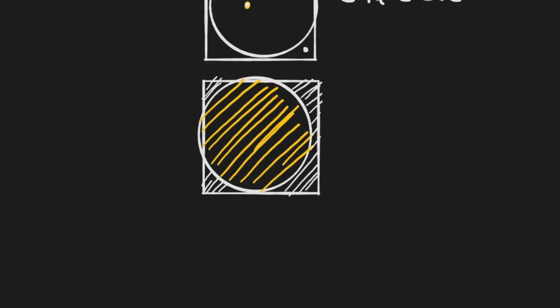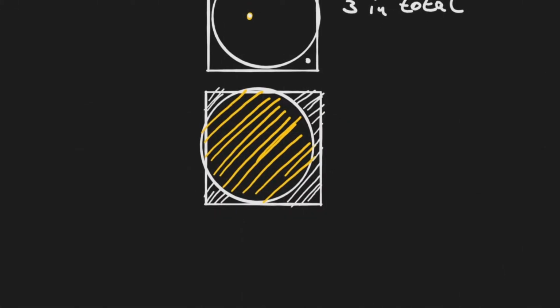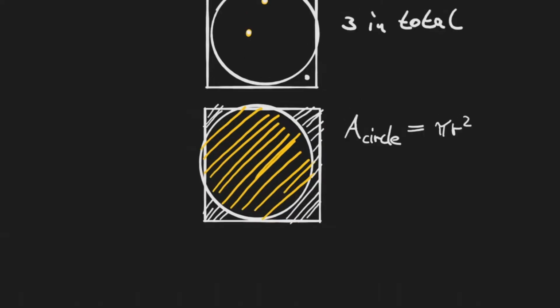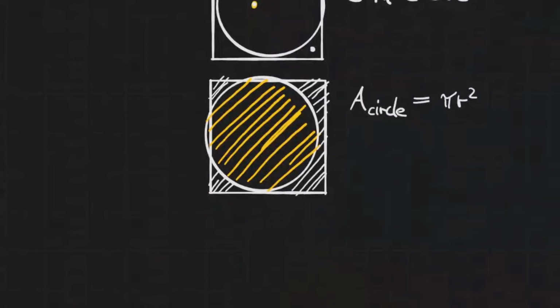As we can see now, the whole circle is filled and also the whole square is filled. So what would we do to generalize the amount of darts in the circle? We could just use the formula of the area of the circle, which is pi r squared. And how do we get the total amount of points?